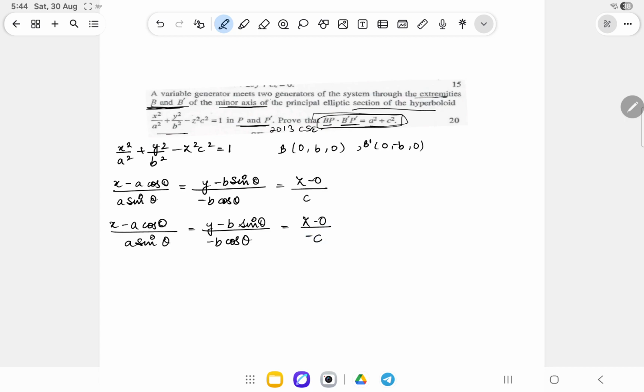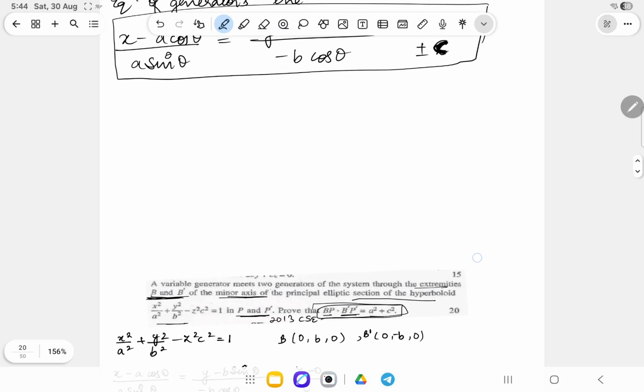So these are basically the variable generators of the hyperboloid with respect to the principal elliptic section. This we have proved in the previous question only.